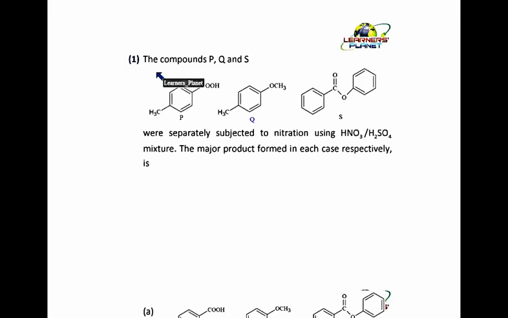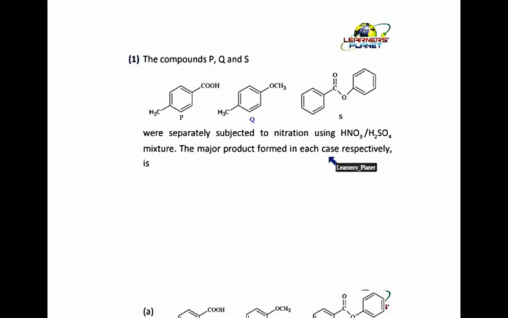Now the question here is: the compounds P, Q and S, as given here, were separately subjected to nitration using HNO3 H2SO4 mixture. The major product formed in each case respectively is.